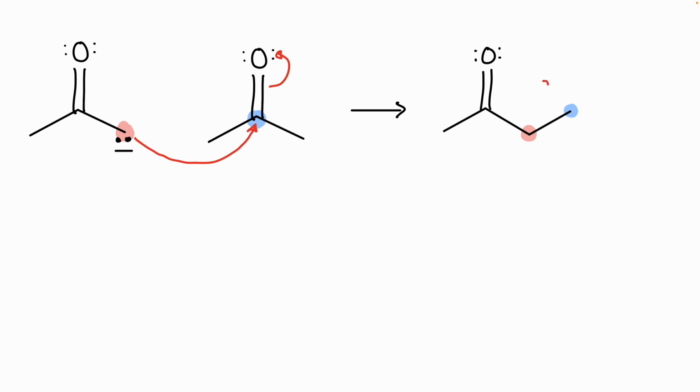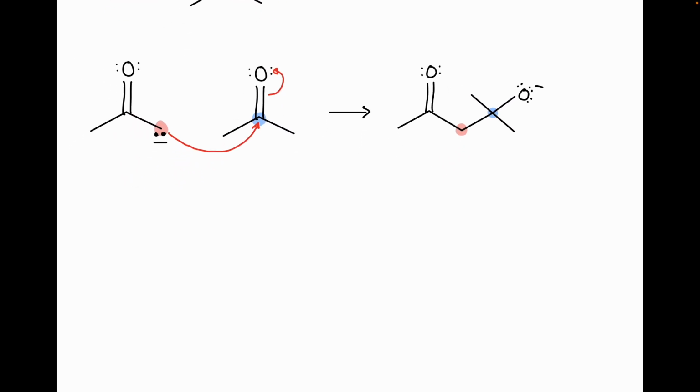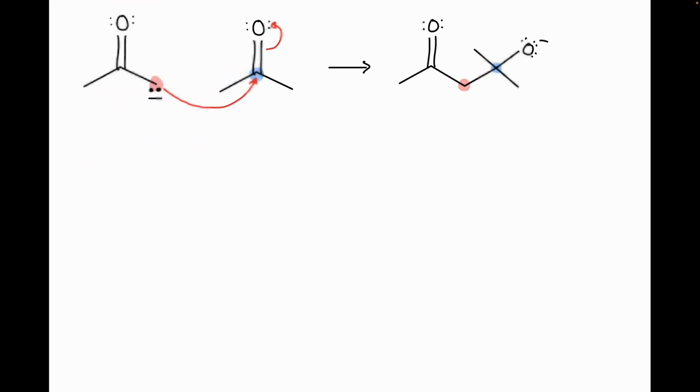Well, I got to draw those other two carbons that it's bound to, as well as that alkoxide negatively charged oxygen. All right, and then the last step here is just going to be to make that oxygen happy by protonating it.